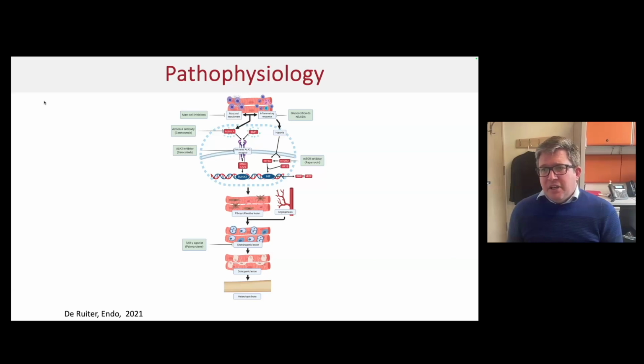And as was pointed out, there are many places along this complex pathway of bone formation where we are able to consider intervening in specific ways.